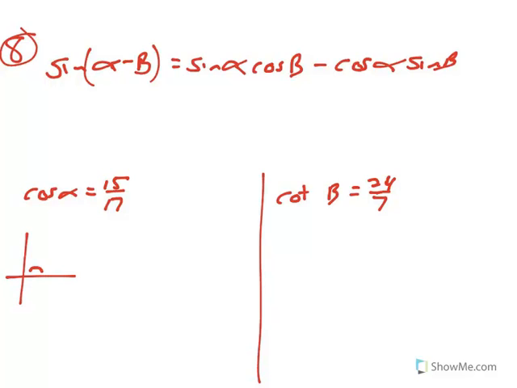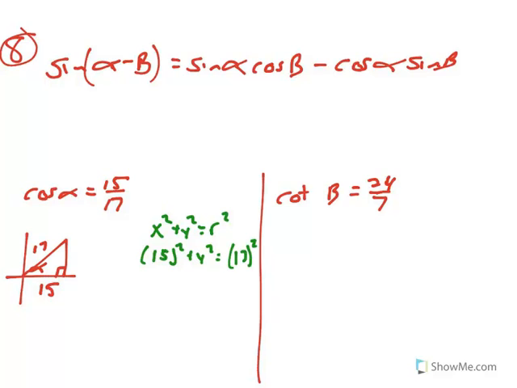Well, if cosine of alpha is 15/17, that means that x is 15 and r is 17. Using the Pythagorean Theorem, we should be able to figure out what y is. So we have 15 squared plus y squared equals 17 squared. 15 squared is 225.